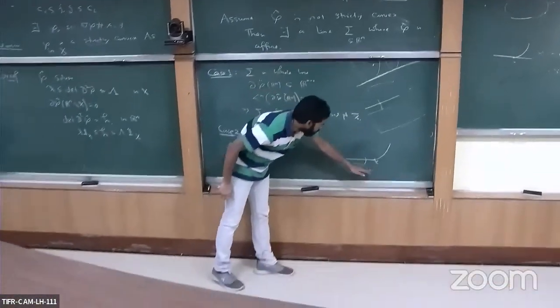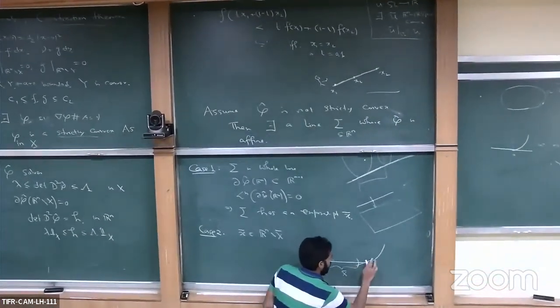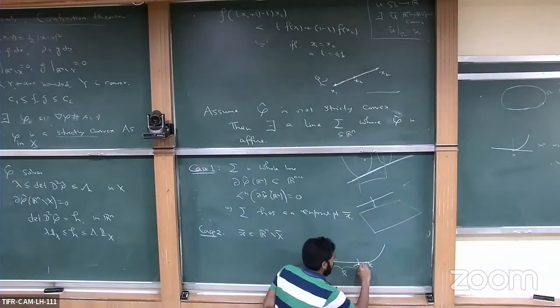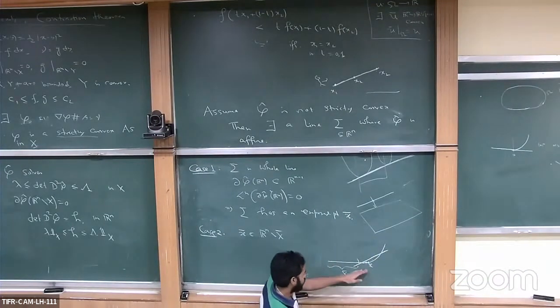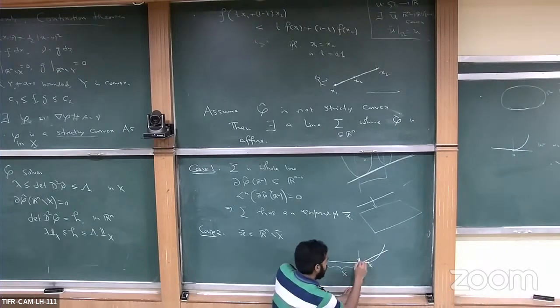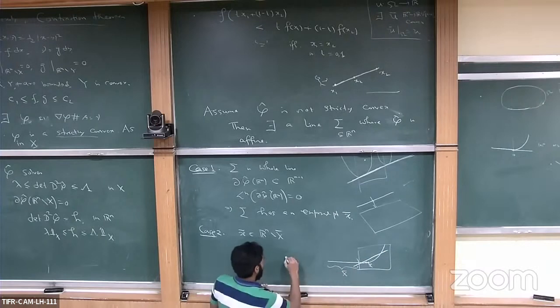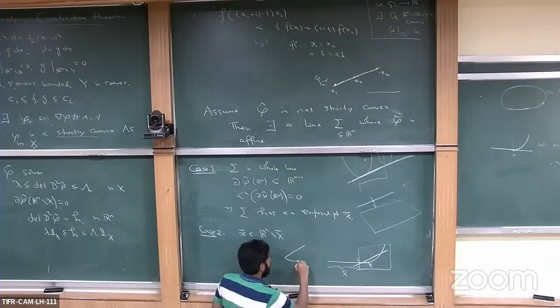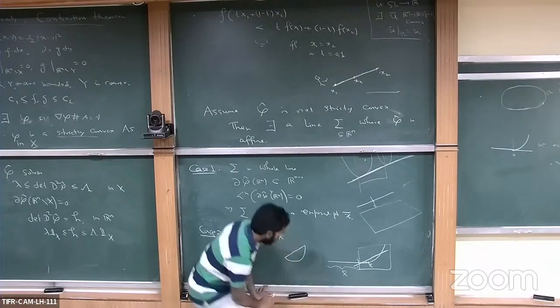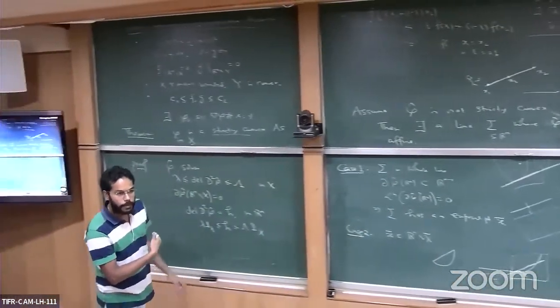Let us look at this picture, and suppose we consider a hyperplane something like this. It doesn't touch X. Let us look at only this portion, and where the Monge-Ampère measure vanishes.